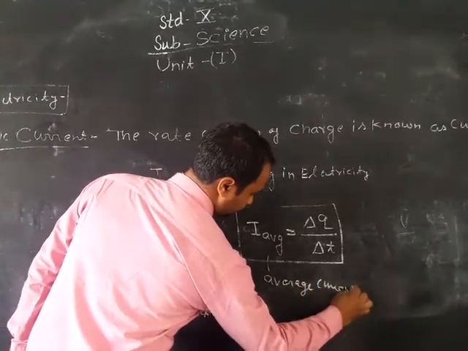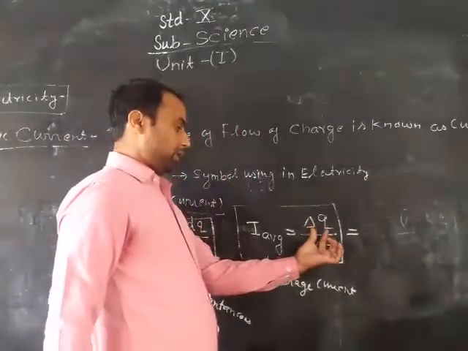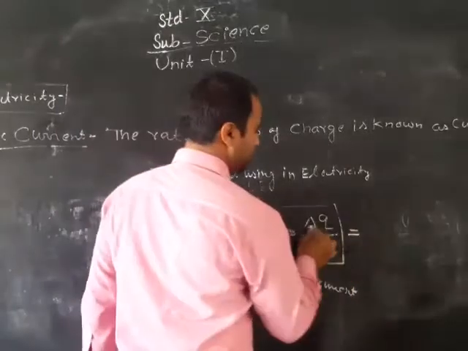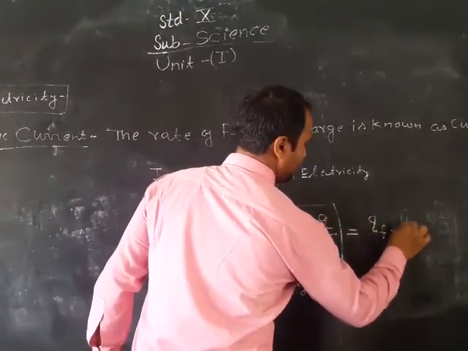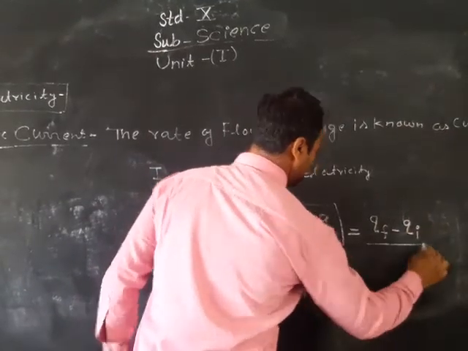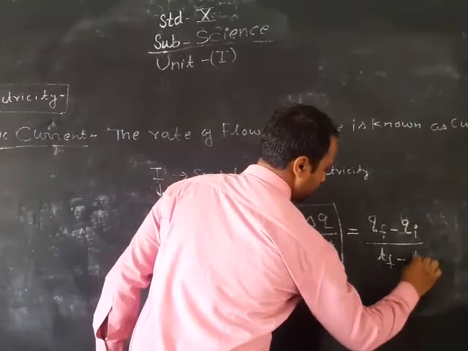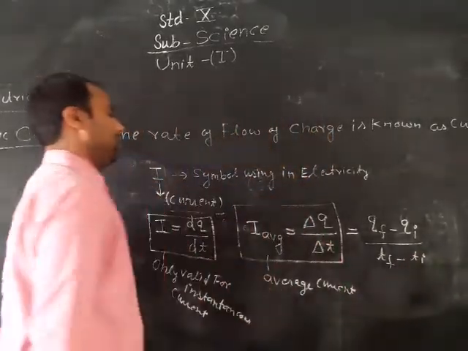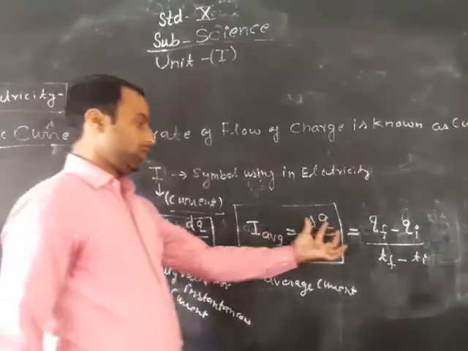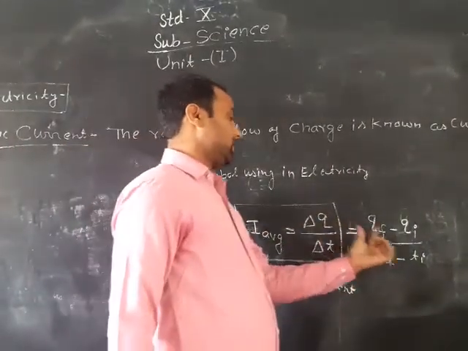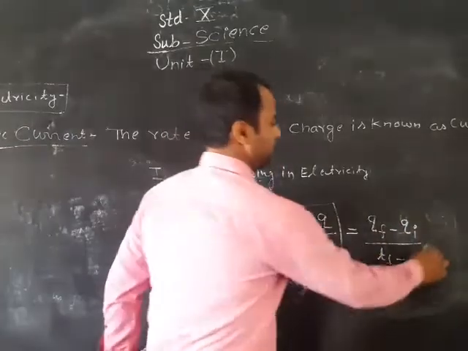Delta Q by delta T means Q final minus Q initial, divided by T final minus T initial. This is the basic formula we use in current electricity.